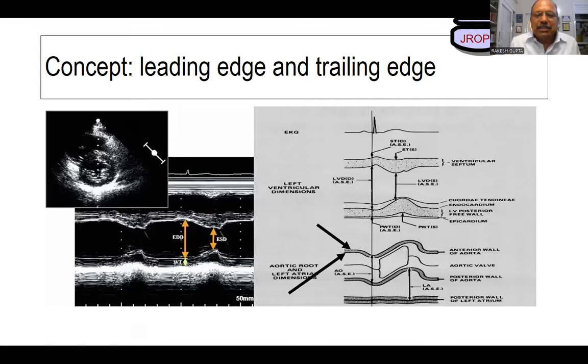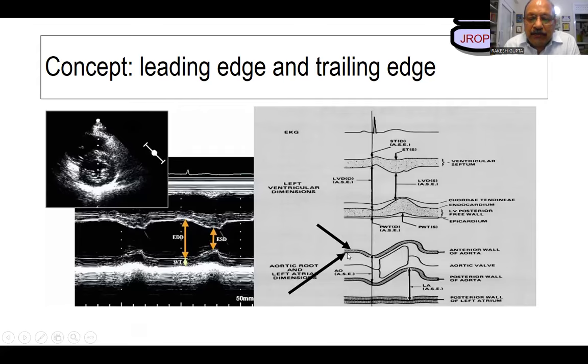Let me point out this phenomenon. In this image, this is the anterior aortic root of a patient when the echo is done in the parasternal window. This has a definite width or thickness. The point of this thickness which is towards the transducer is the leading edge.